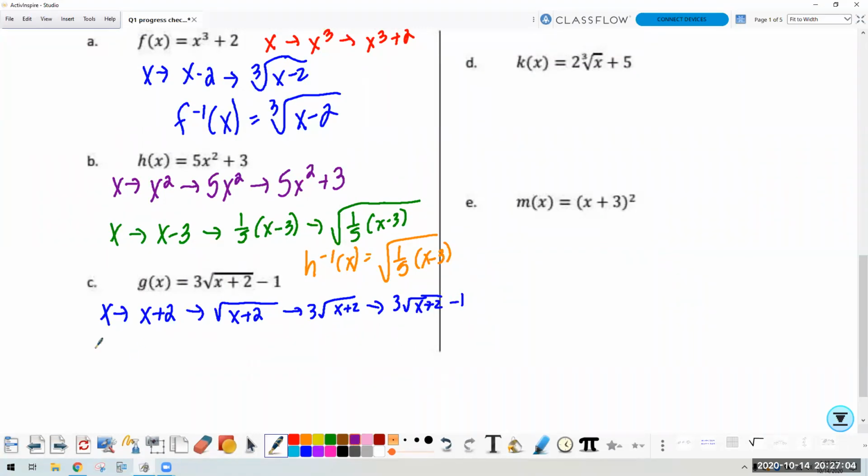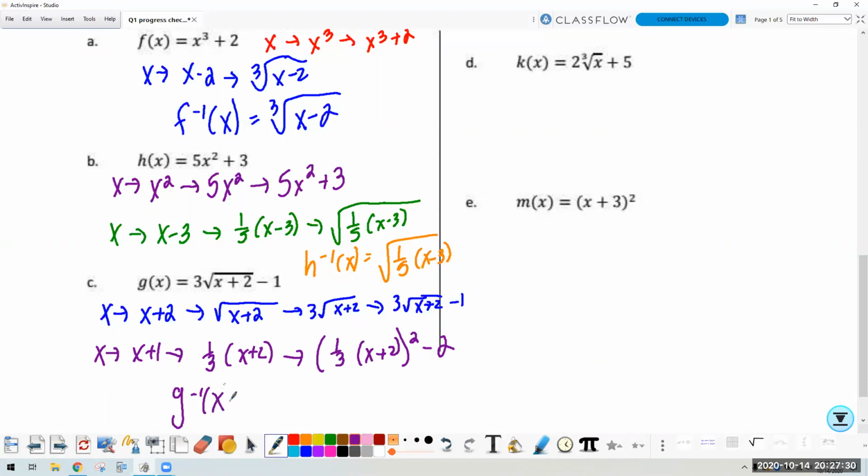So to undo backwards, I add 1, I multiply by 1/3, I square to undo the square root, and then I subtract 2. So g inverse of x is 1/3 x plus 2, all of that squared, minus 2.